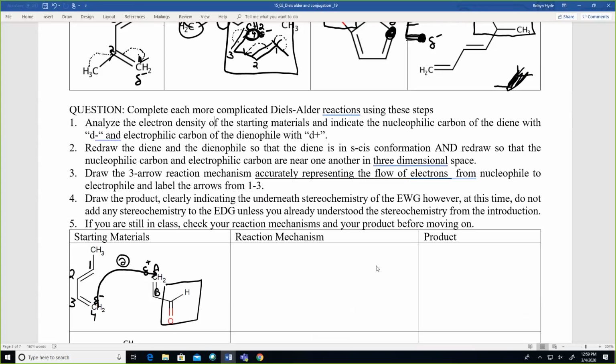And then, where's arrow 2? It's going to be the B carbon to the 1 carbon. That's arrow 2. And then here's the 3rd arrow moving in.